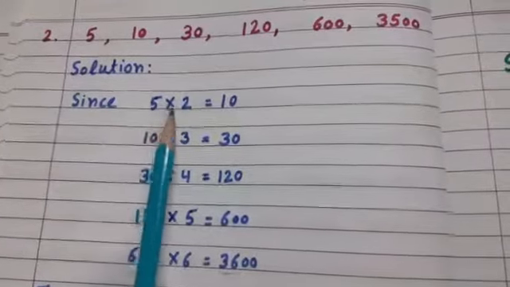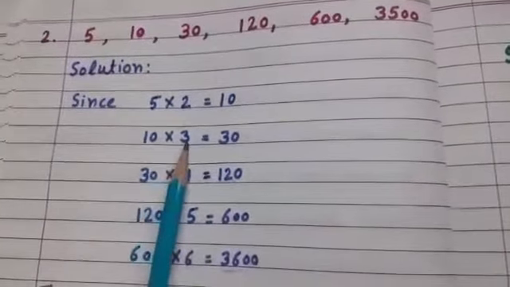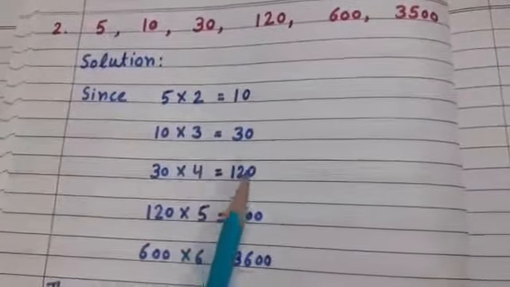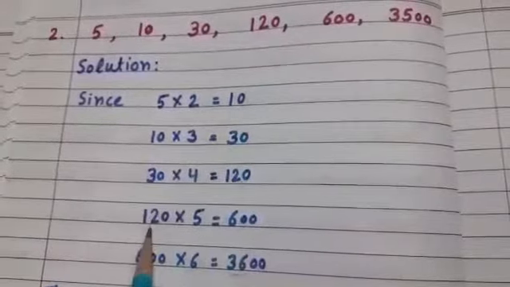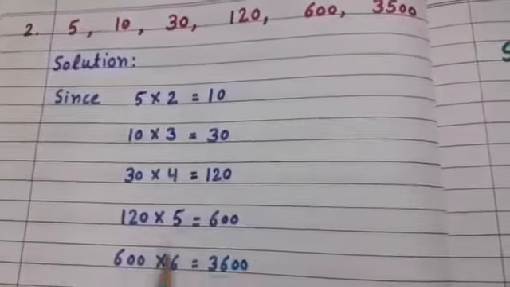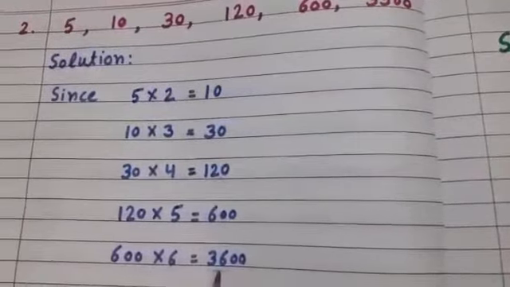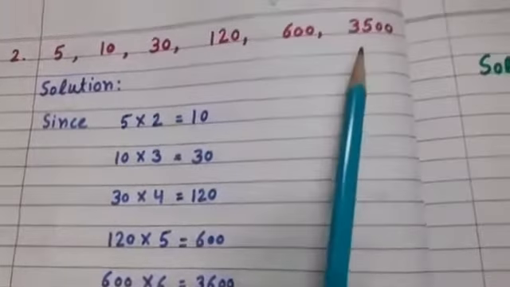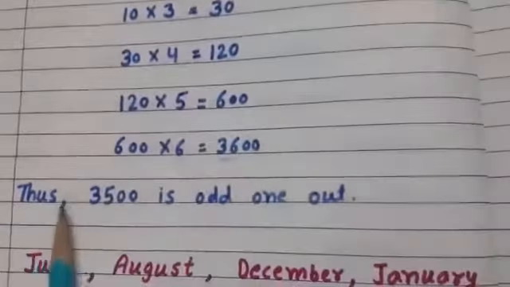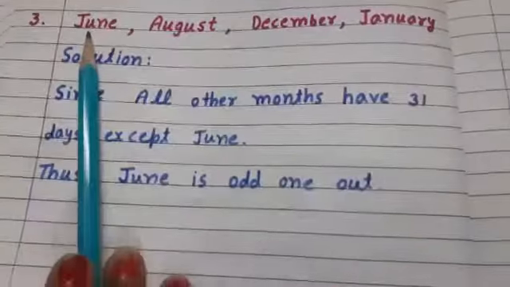Since 5 multiplied by 2 gives 10, 10 multiplied by 3 gives 30, 30 multiplied by 4 gives 120, 120 multiplied by 5 gives 600, and 600 multiplied by 6 gives 3600. But here we have 3500. Thus we conclude 3500 is odd one out.